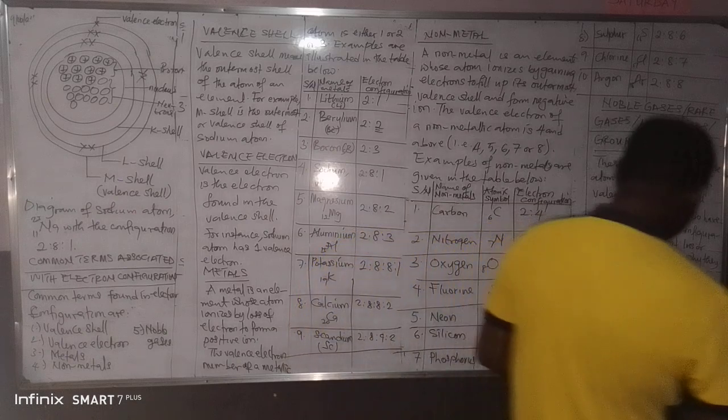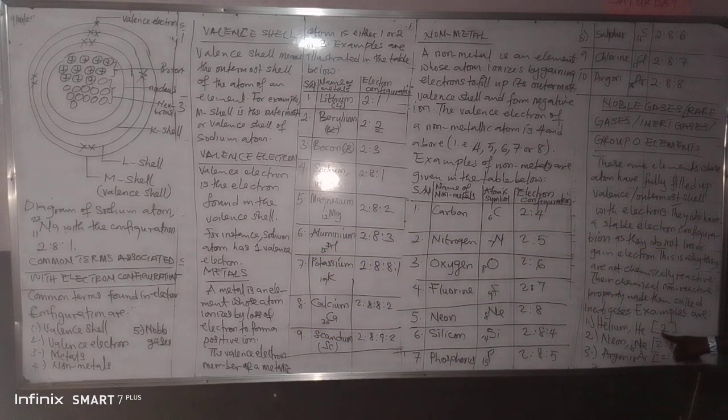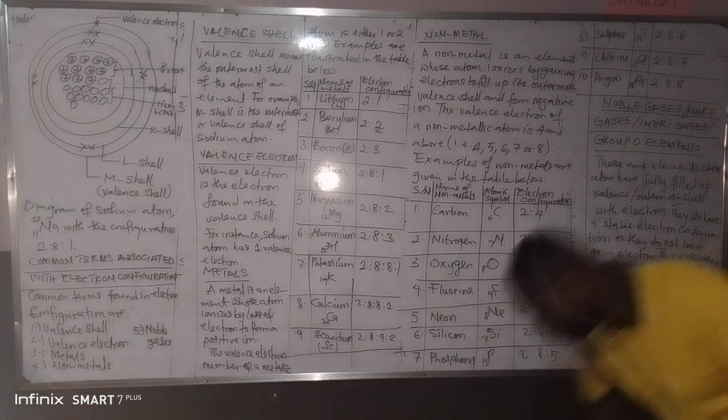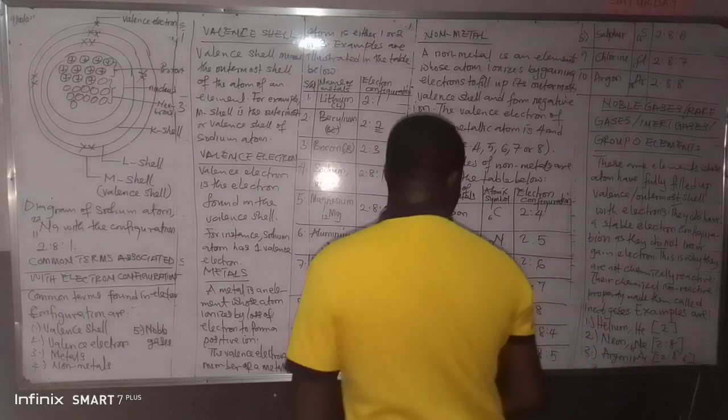K shell can carry a maximum of 2 and you have 2 here. L shell can carry a maximum of 8 and you have 8 here. This one can carry 18, but it is considered to have a maximum of 8, and you have 8 there.